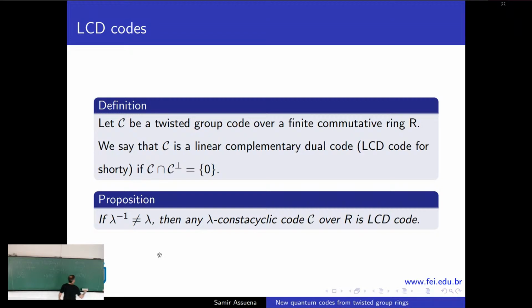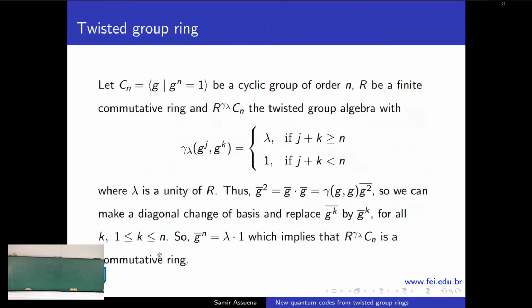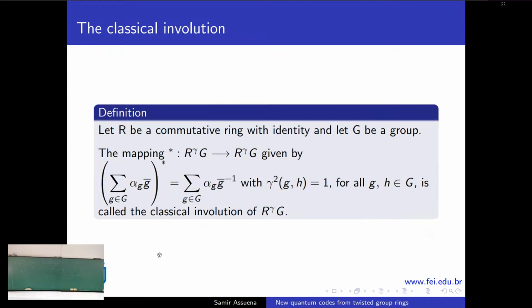In our case, for the twisting defined by lambda or 1, this condition tells us lambda squared has to be 1. So we are exactly with this condition here.